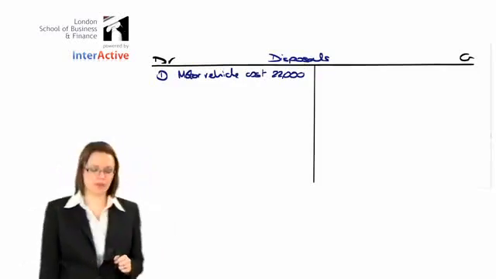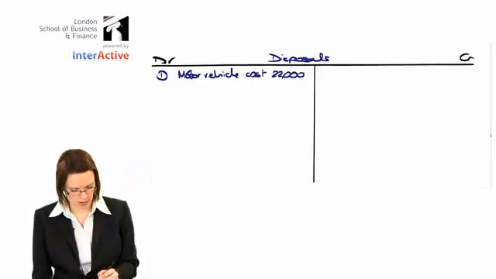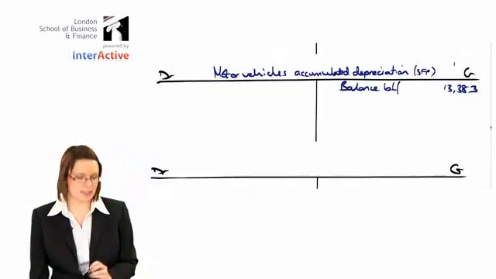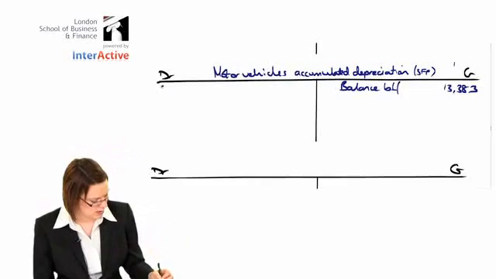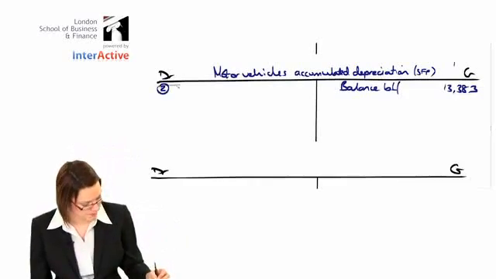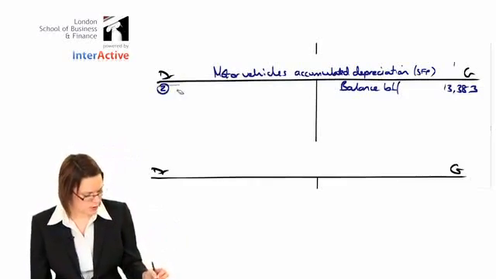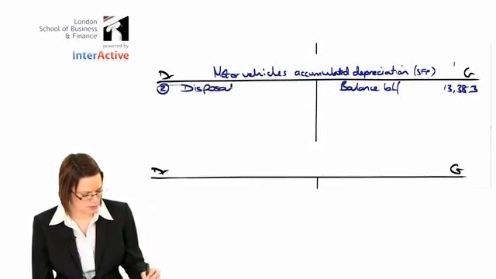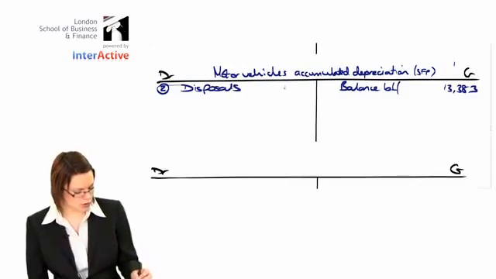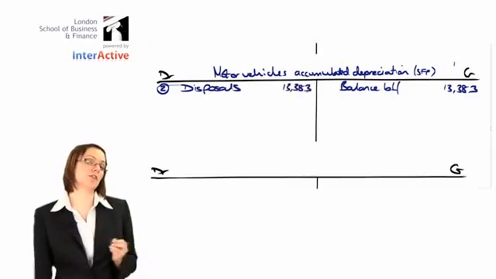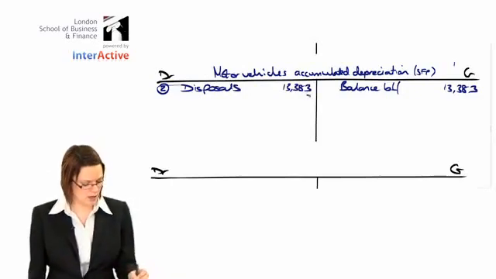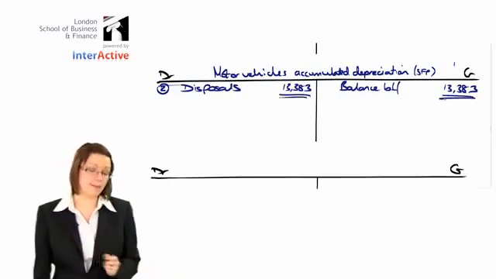Step 2 is to remove the accumulated depreciation. We said we were going to debit accumulated depreciation to clear it. So step 2. Our corresponding entry will go to disposals with the amount that we need to remove the accumulated depreciation on the disposed asset, 13,383.